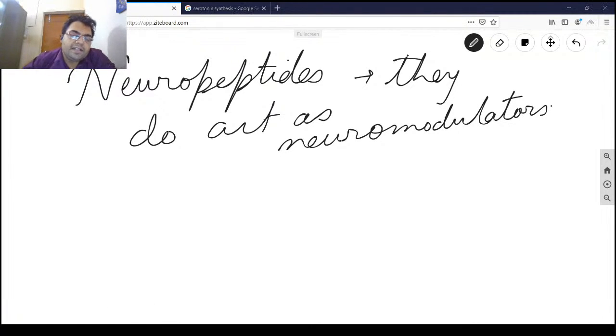Since they act as neuromodulators, they can modulate the effect of the neurotransmitter on the postsynaptic neuron, or the rate of synthesis of the neurotransmitter from the presynaptic neuron, and its binding effect on the postsynaptic neuron, that it can also do.